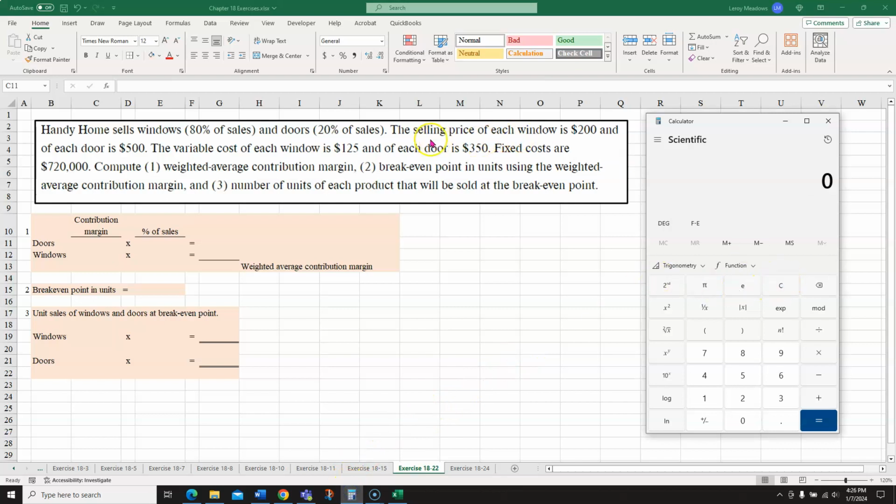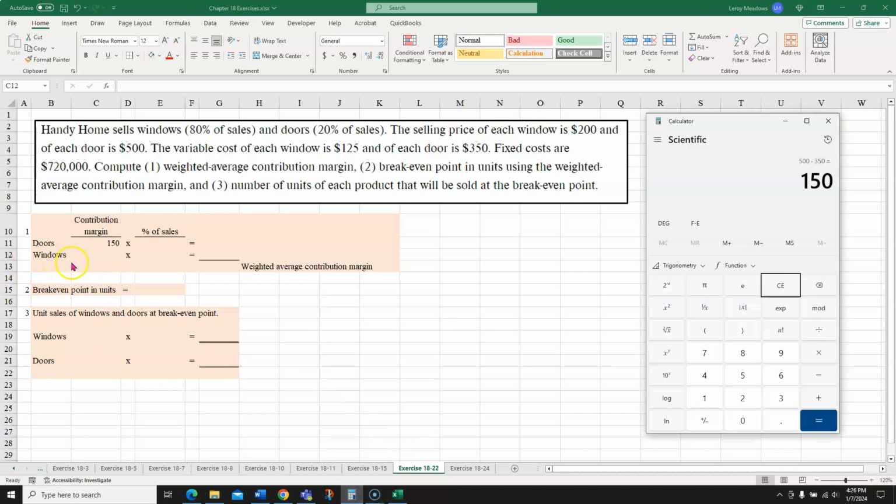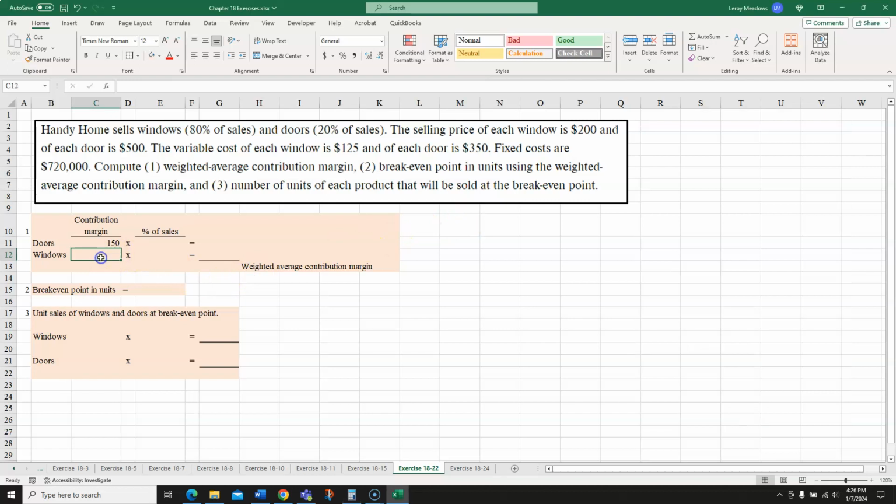Well, I sell a door for $500, and the variable costs are $350. So 500 minus 350 gives me a contribution margin of $150 for doors. And what's my contribution margin for windows? $200 minus 125, and that's going to leave me a contribution margin of $75.